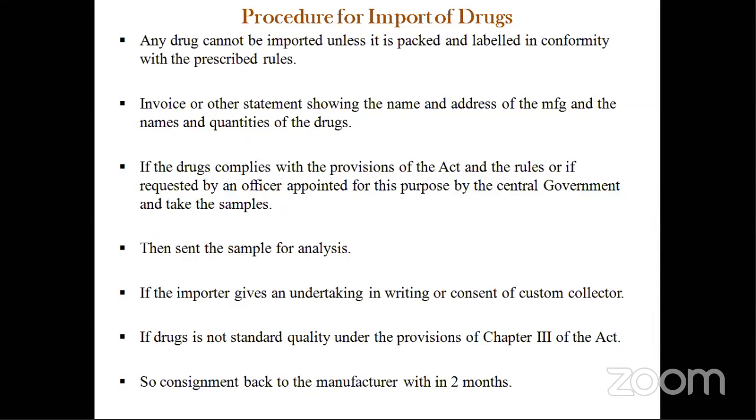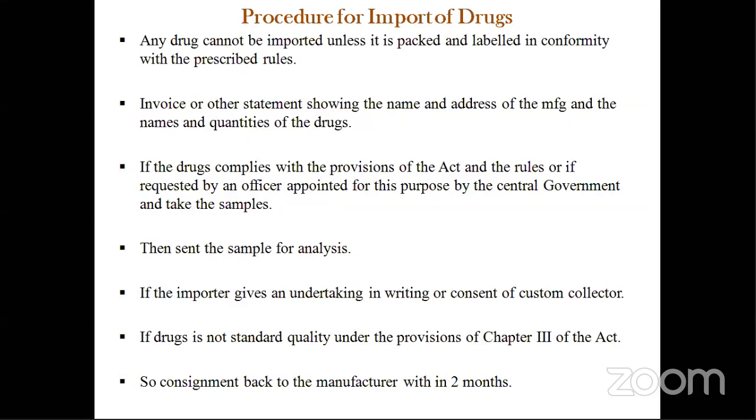The drugs must comply with the provisions of the act and the rules, or if requested by an officer appointed for this purpose by the central government, samples are taken. So first, the strength and quality of your drugs must comply with the rules and regulations under the act.